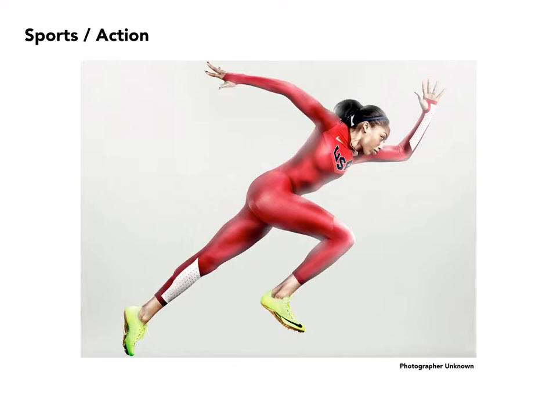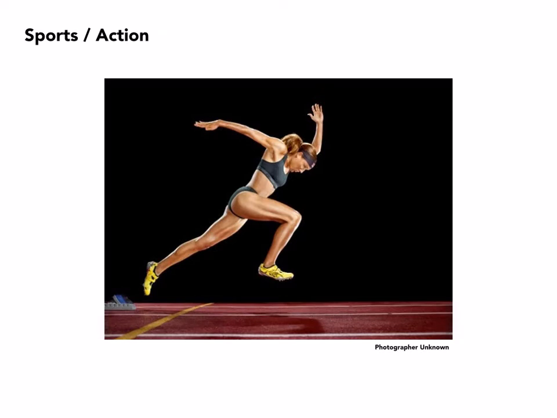And an image of an athlete with no background behind her. Again, the diagonal. And another example of the same kind of image. And you'll notice the lighting.